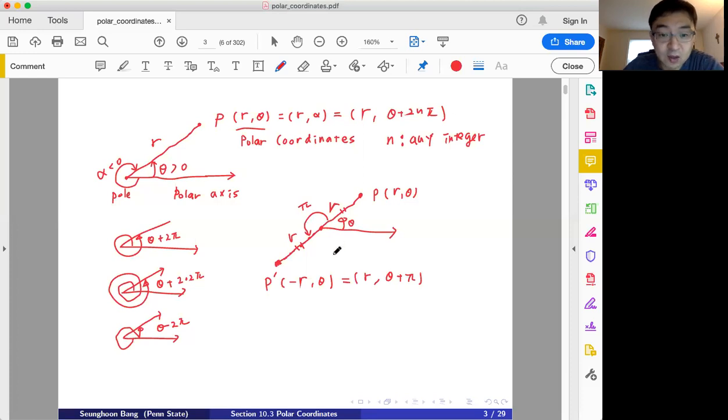Another way is going in the clockwise direction, where the angle is negative pi. This is exactly the same as (r, theta minus pi). So either one is fine. This is the definition of negative length r. Okay, this is the whole concept of polar coordinates.